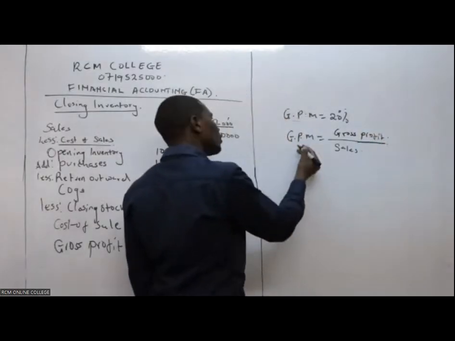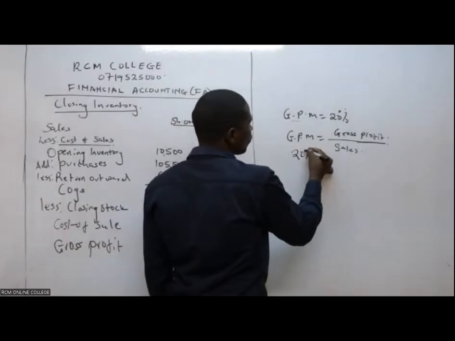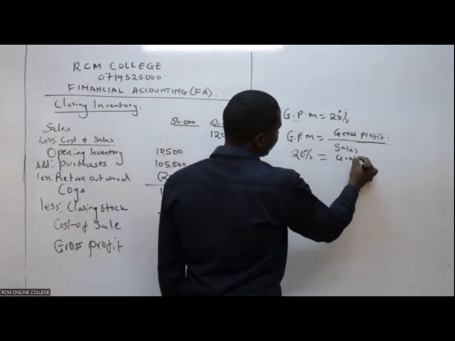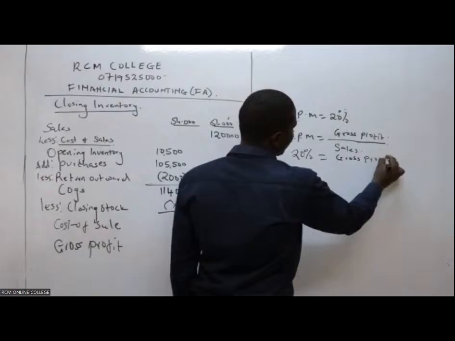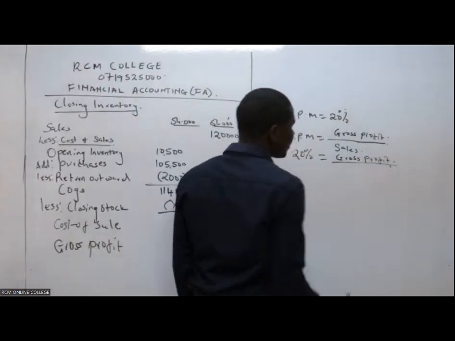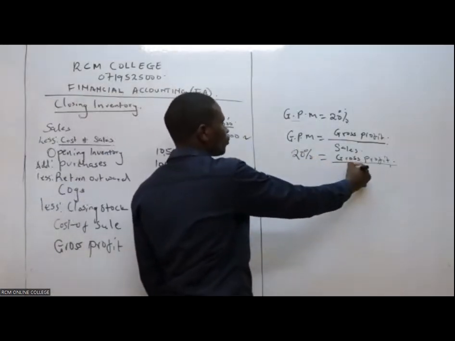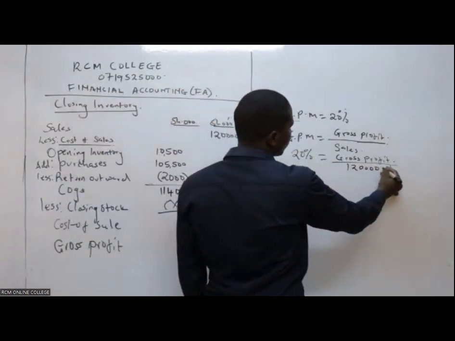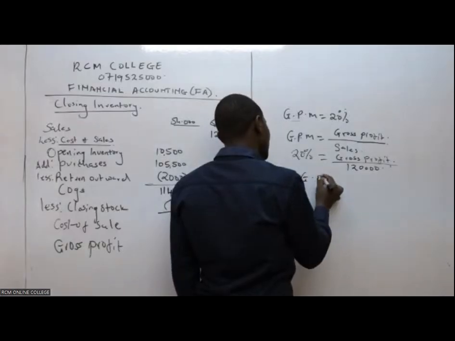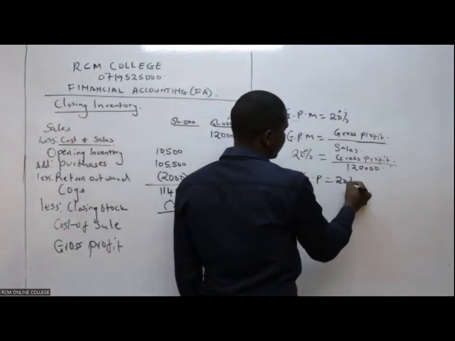So we have gross profit margin as 20%, which will be equivalent to gross profit over sales. So what is our sales? Our sales automatically we have as 120,000. So in this case, we can get our gross profit, which will be equal to 20% of 120,000.